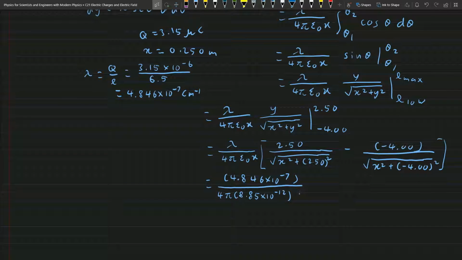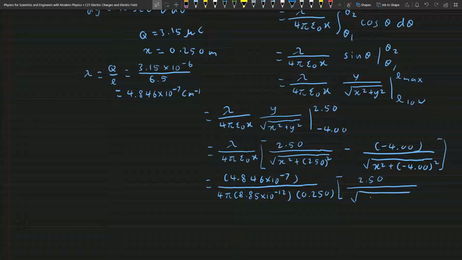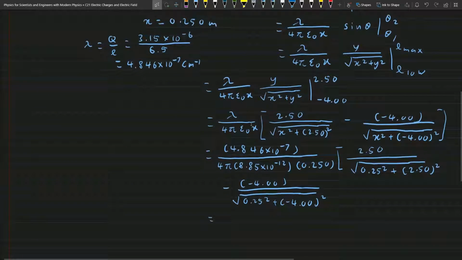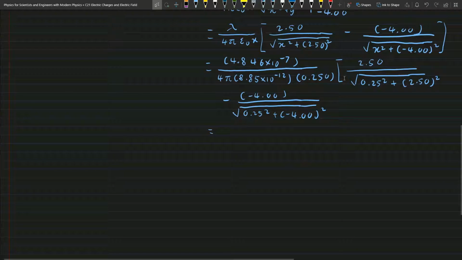Now x is 0.250, negative, square plus. So let's calculate the value.